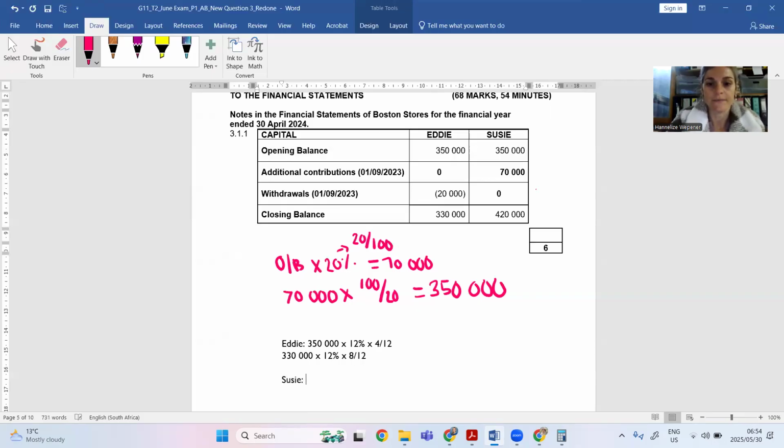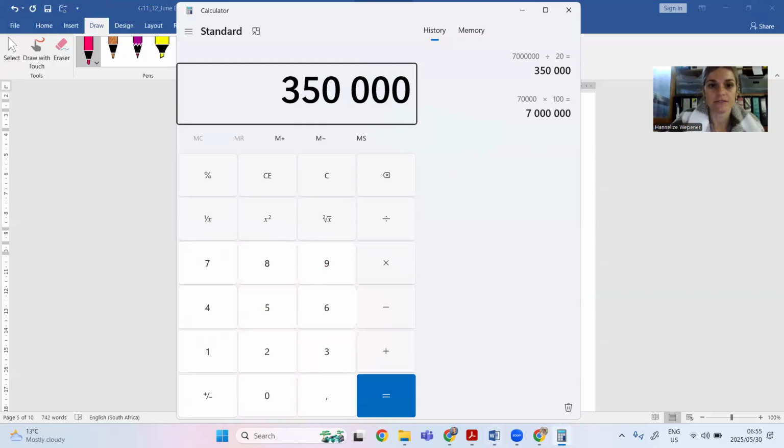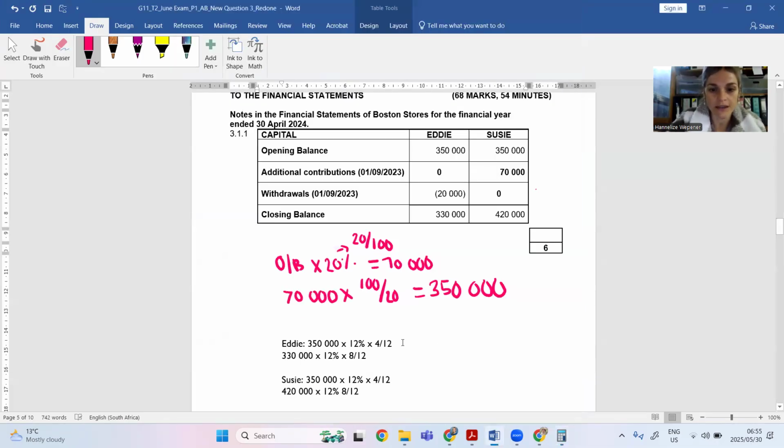Whereas Susie had a balance of 350,000 as well to start off with, but then she changed her capital to 420,000 Rand, earning interest at 12% for 8 out of the 12 months. So 350,000 times 12% times 4 over 12 for the first few months. So that's 14,000 for both of them, because they had the same capital balance for the first 4 months.